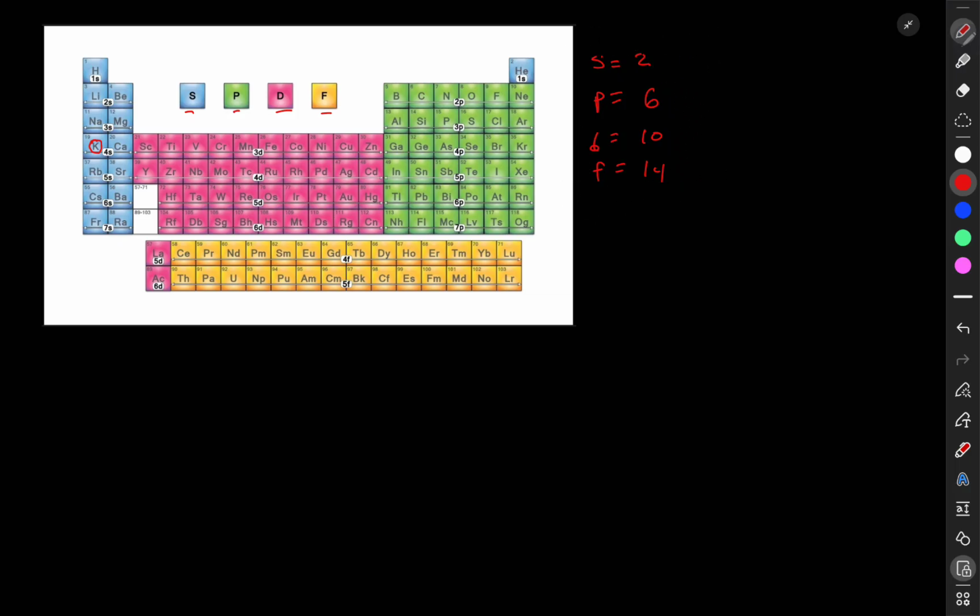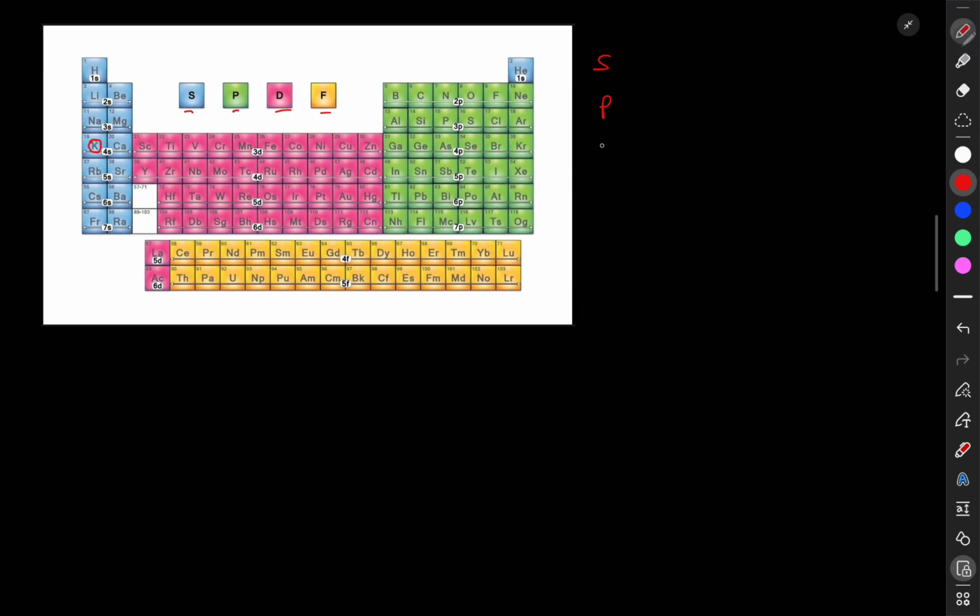So now that we know this, another good method of knowing how many electrons can fit in each block is this. You can see here the s block. If you go from left to right, there is 1, 2. So this holds 2.